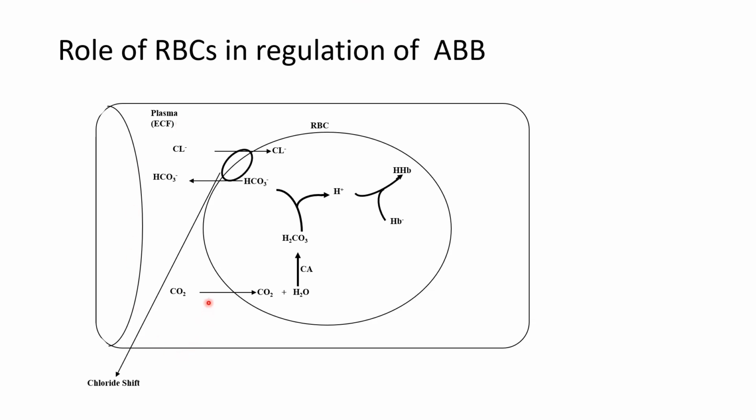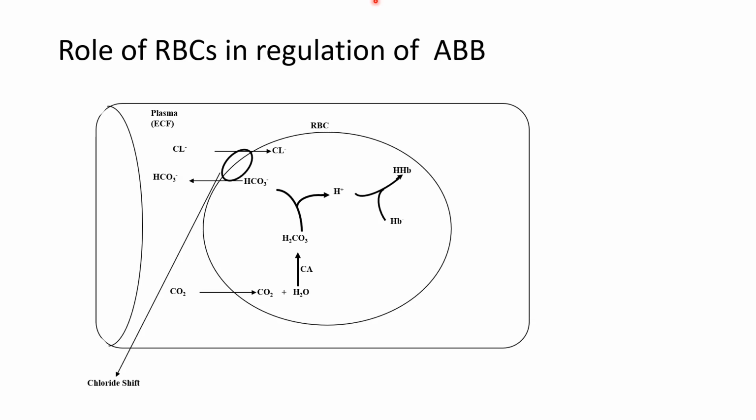So, for every unit of carbon dioxide that diffuses into the red blood cell, there is a unit of hydrogen ion formed that's mopped up by hemoglobin, and there's also a corresponding unit of bicarbonate that is generated and pushed into the plasma.